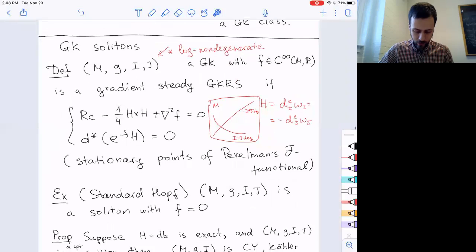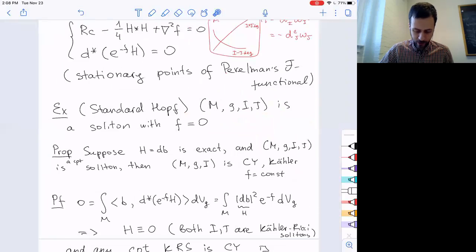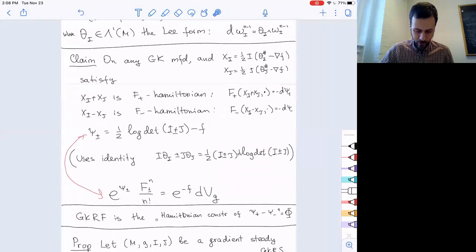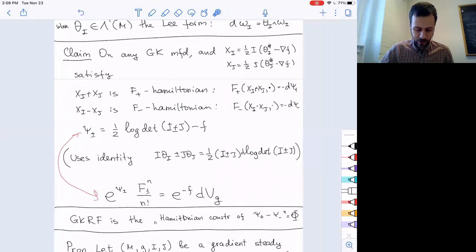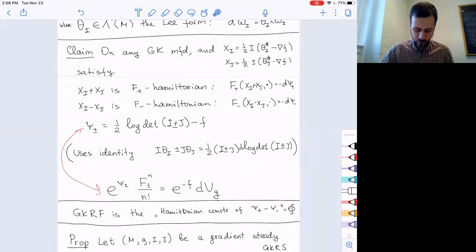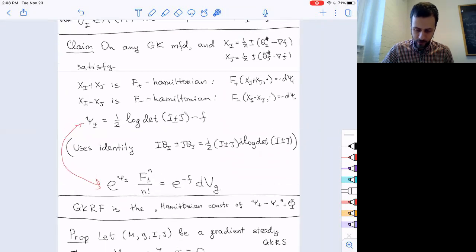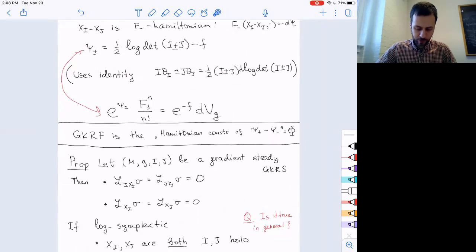Under these assumptions, we proved the following. You can necessarily construct two vector fields ξ_I and ξ_J on any soliton, and these vector fields satisfy these properties.